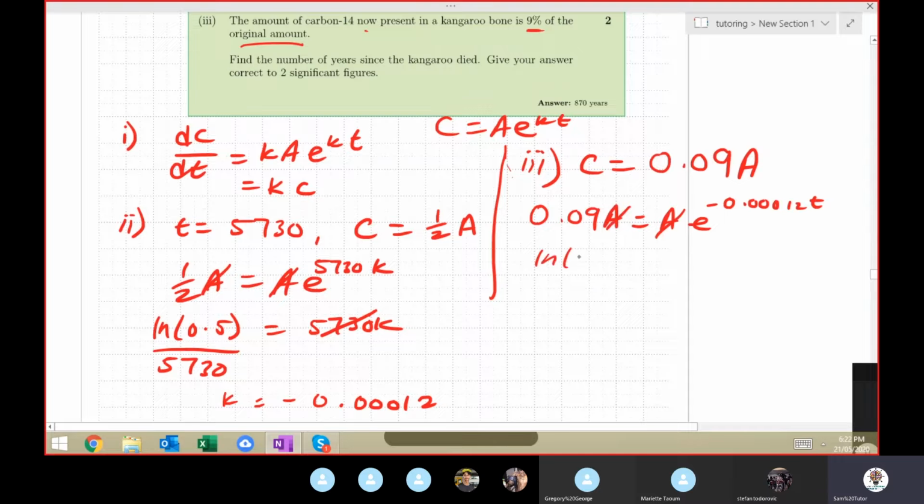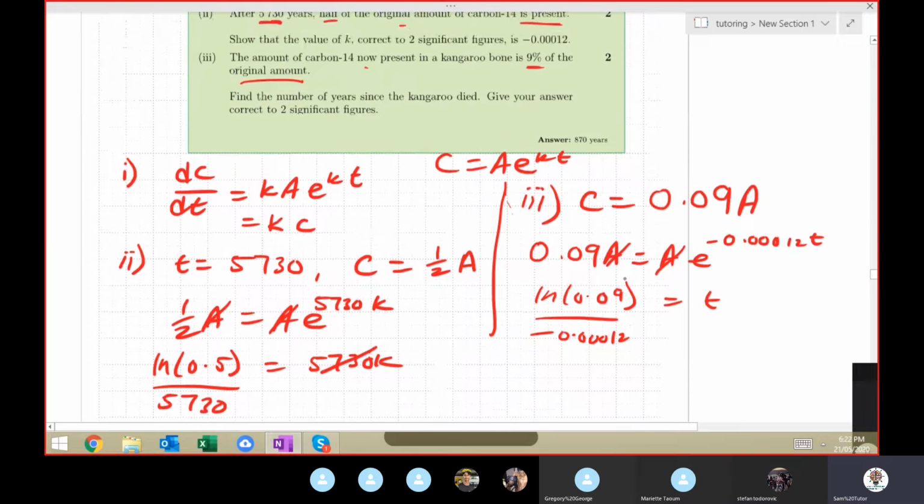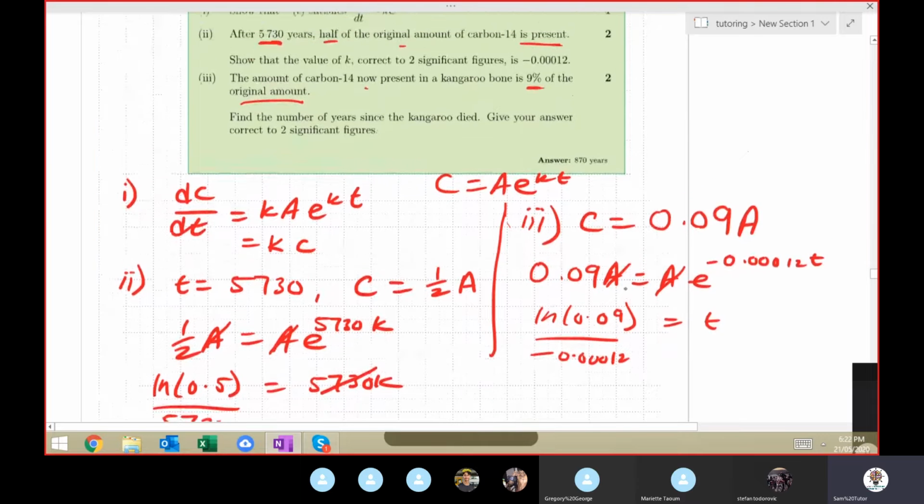You log both sides. This comes down, then you divide by negative 0.00012. But I'm not going to use this. I write this, I don't use it. I'm going to use the whole answer I had for K. So my answer is like this, log 0.09 over the answer. Whoa, what just happened? When I find the number of years since the kangaroo died.